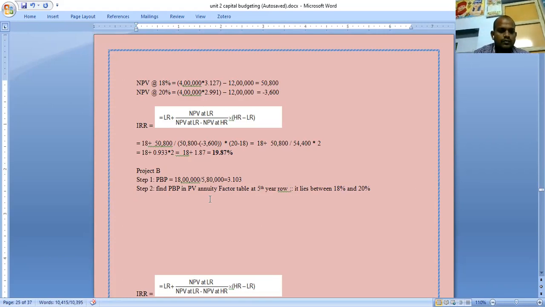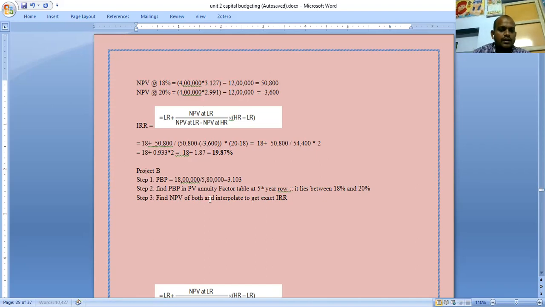So we have to calculate the NPV for both discounting rates, and we have to interpolate these two percentages. So NPV at 18%, present value of inflows minus present value of outflows comes around 13,660.